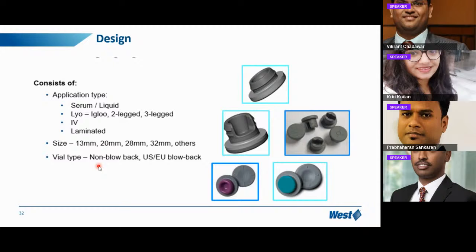In the blowback, you have European design and US design. So these are the different types available. If your drug is in liquid stage, we generally recommend this serum stopper. And if your drug is in the powder or lyo stage, we generally recommend these lyo stoppers.